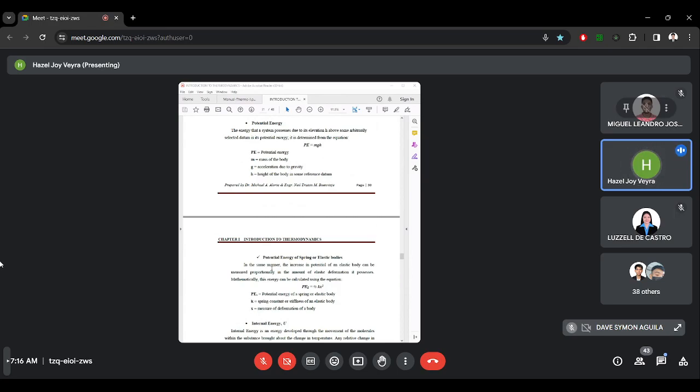Just a tip, class: if we discuss thermodynamic systems, and of course later we'll discuss the energy balance, if you do not see any elevation or height in the problem, most likely the potential energy is negligible in that system. Okay? So PE equals mgh. PE is the potential energy, m is the mass of the body, g is the acceleration due to gravity, and h is the height of the body.